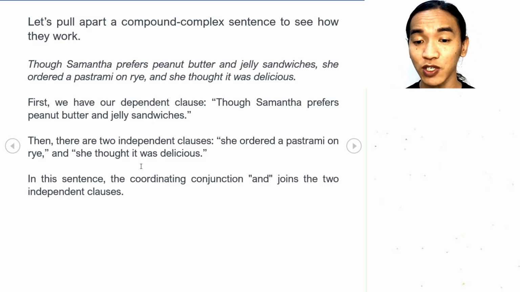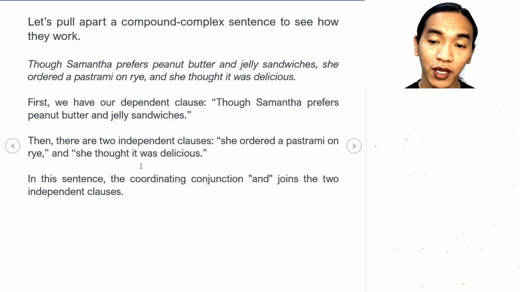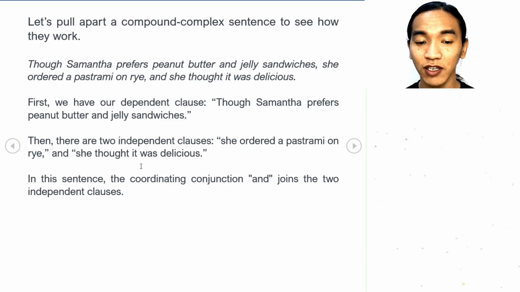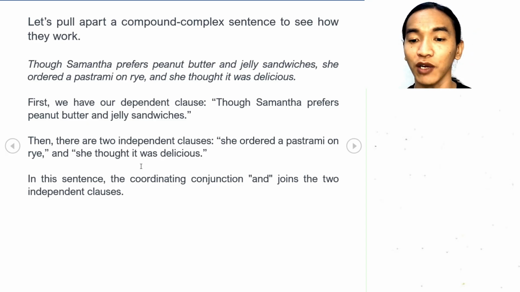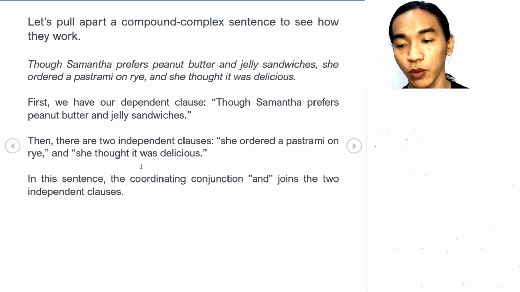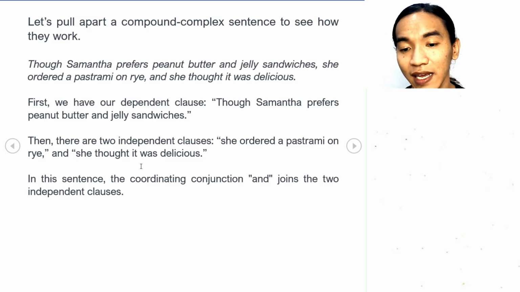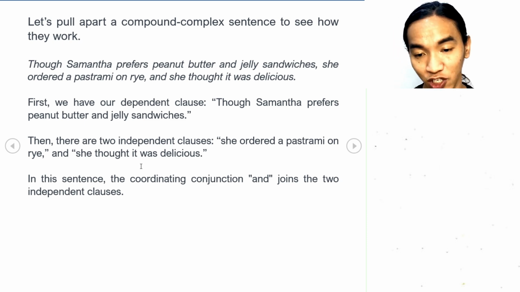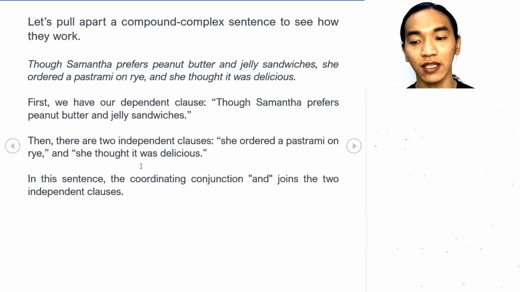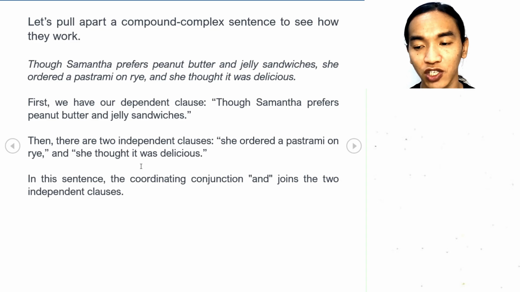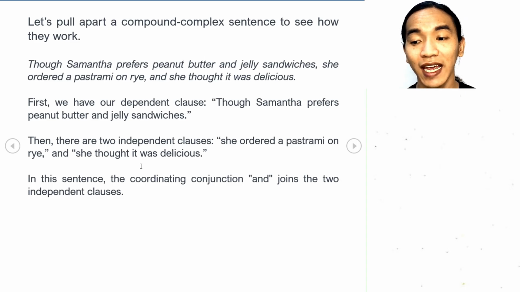Okay, it has a subject and a verb. However, it's not complete in thought. Then there are two independent clauses: she ordered a pastrami on rye and she thought it was delicious. So in this sentence, the coordinating conjunction joins the two independent clauses, which is like a compound sentence.